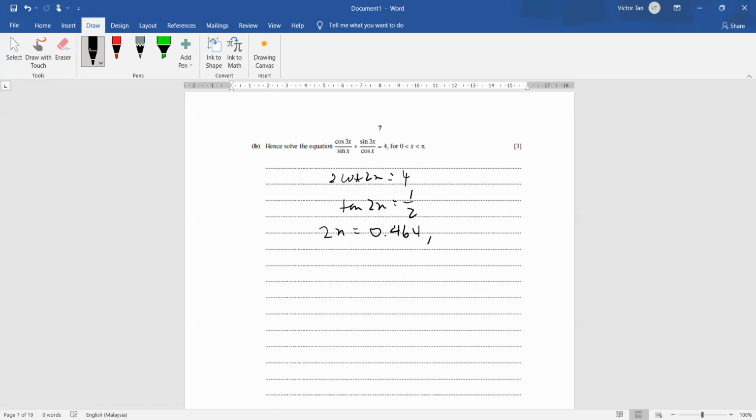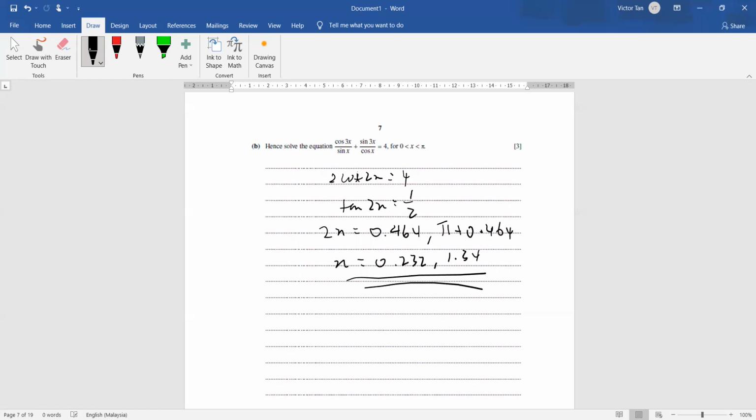This is the reference angle in the first quadrant, and the third quadrant is pi plus 0.464. So x equals 0.232, 1.34.